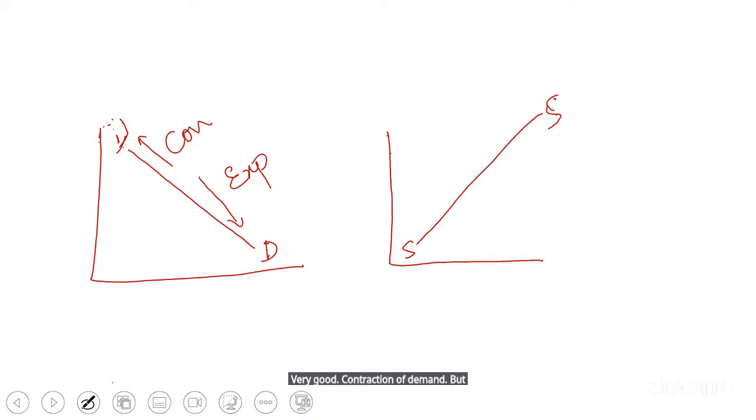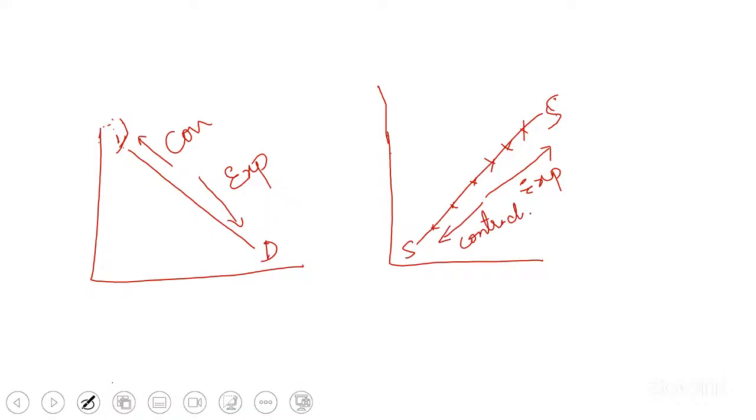But look in the case of supply. As you go up, your supply will get expanded. So upward slope shows expansion of supply. Downward shows contraction of supply. Are you able to understand?